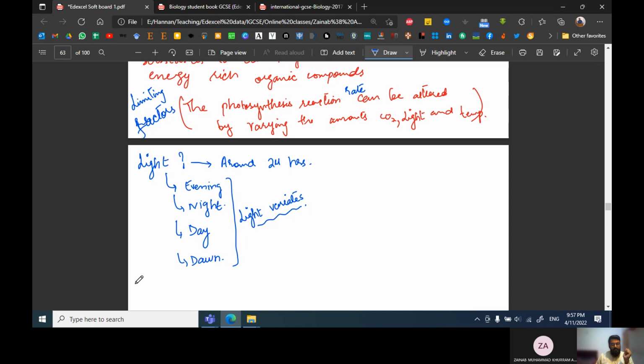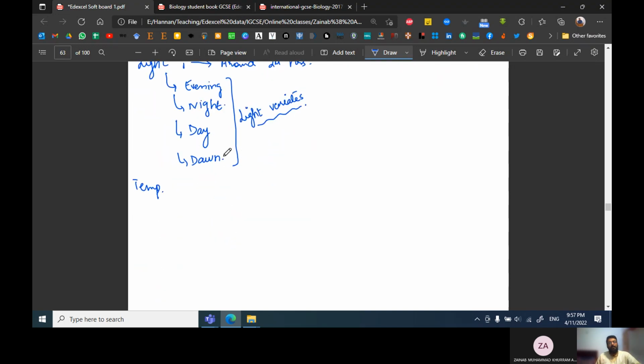So let's come to the temperature. Obviously, temperature also changes. For example, we can also include all four of these in the category of temperature. The temperature is different at dawn. It is different at 12 o'clock. It is different in the afternoon. Or let's write the day. It is different in the evening.